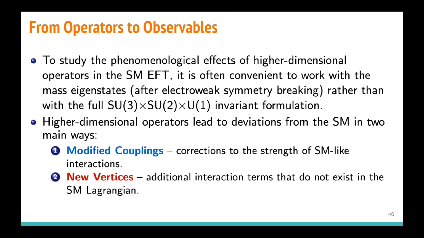One is modified couplings, which would give corrections to the strength of the standard model like interactions, and the second is new vertices which were not present before in the standard model. So in the standard model we have certain kinds of vertices, but by the inclusion of these higher dimensional operators we will have either or both modified couplings as well as different vertices which did not exist in the lower mass dimension Lagrangian.